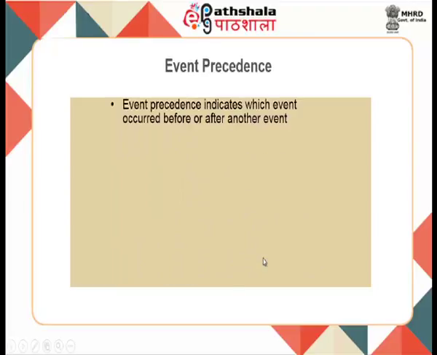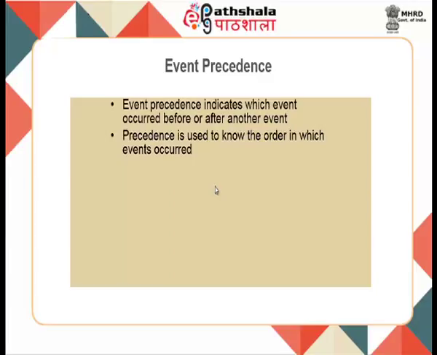So, let us look at the precedence of events. An event precedence indicates when an event has occurred. All the precedence in one process will be known to each other. This is called the happened-before relationship, indicated by this arrow.